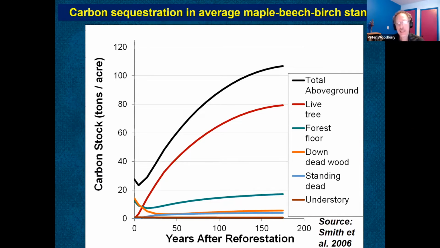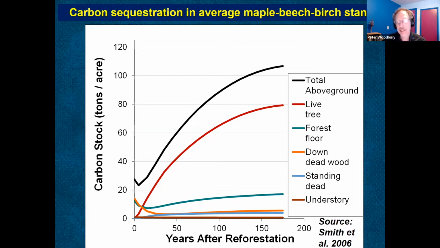So here's an example of carbon sequestration in a typical northern hardwood stand in the region. The black line at the top is the total carbon after the stand starts to grow. If you started with an old field and you planted trees or had trees naturally growing and you had a healthy stand, you'd accumulate carbon rapidly for more than 100 years, and eventually it would begin to level off.